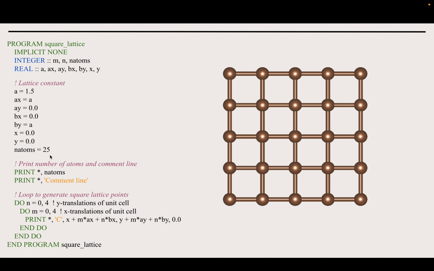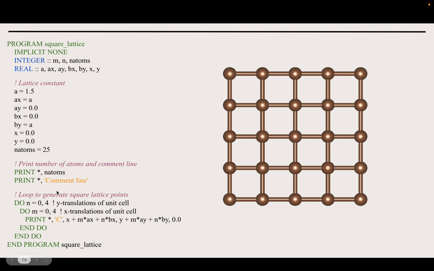Next, if we want, we can first print our number of atoms, then any comment line. Instead of this comment line you can write square lattice, or you can give your system's name, so that in our output we will see this kind of printing.